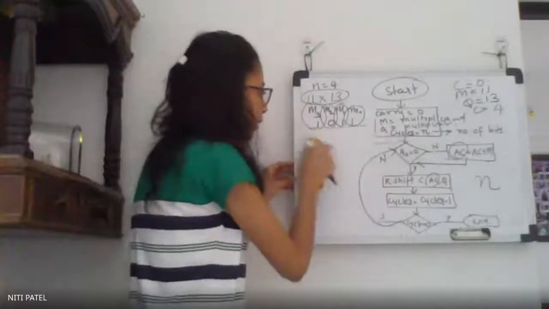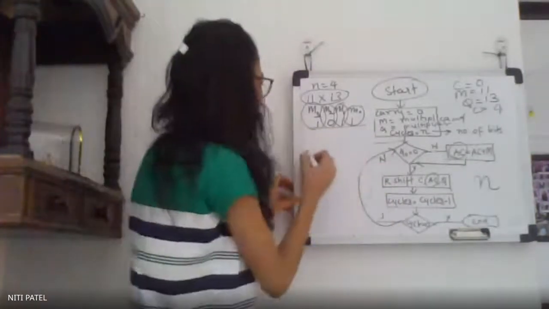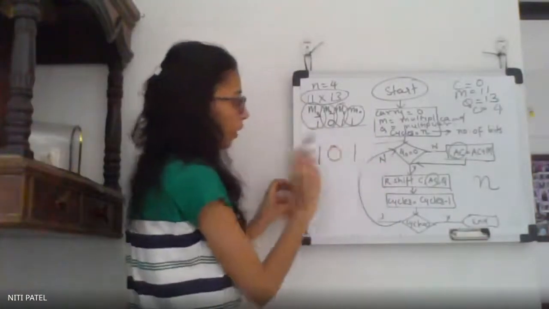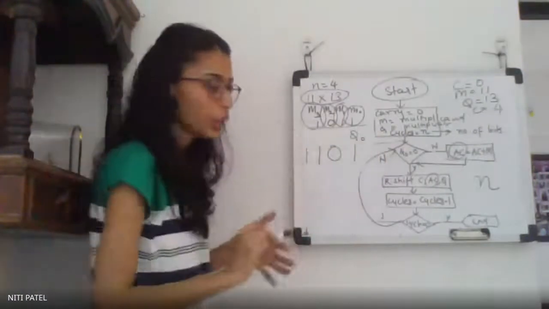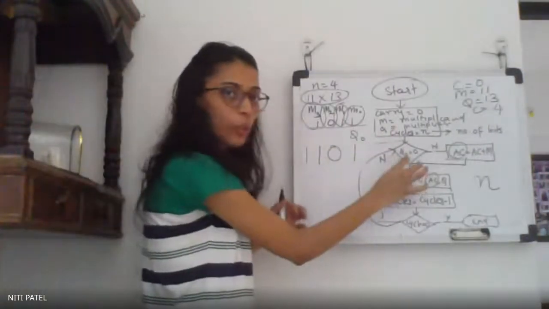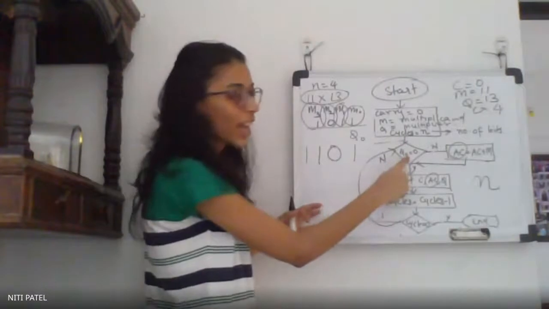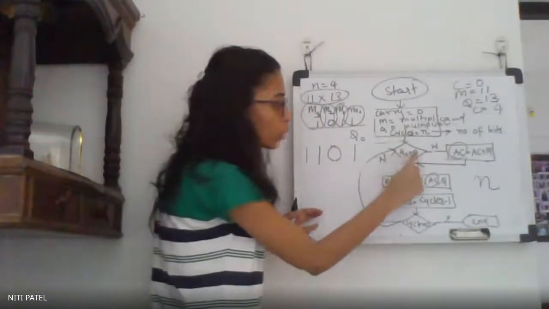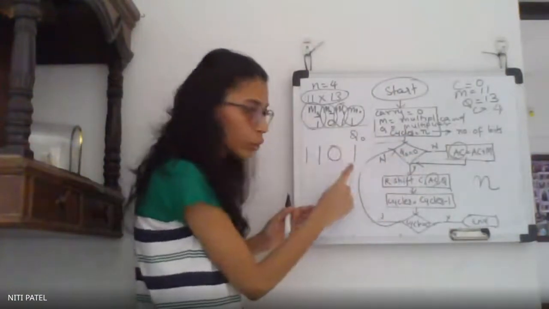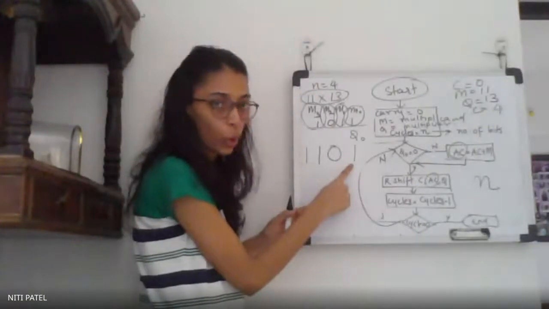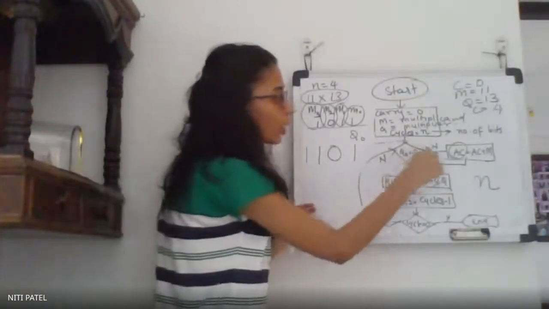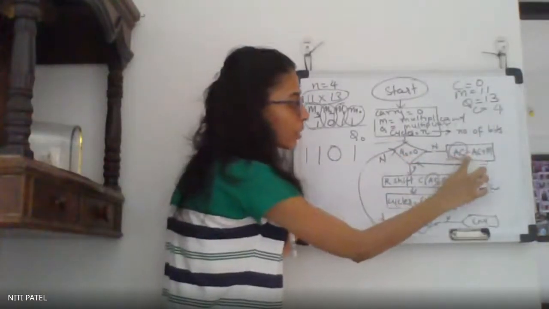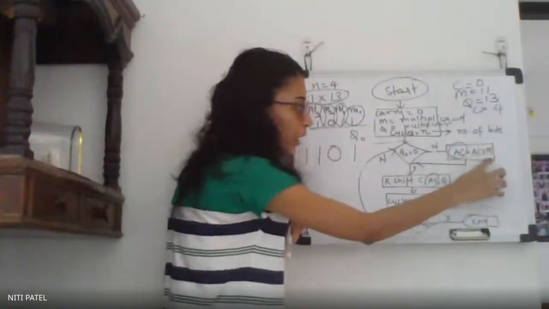I repeat, for 13, the binary is 1101, where this is the Q0 bit. So when I come to this point in my algorithm, I have to check whether Q0 is equal to 0. No, it is not. So if it is not, I have to do AC equals AC plus M. What is AC?